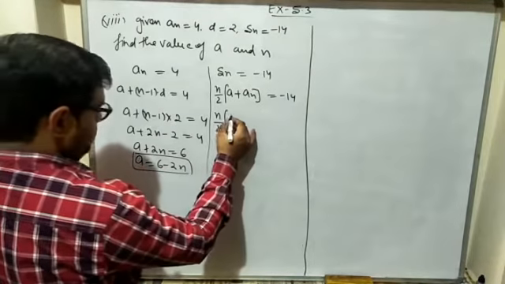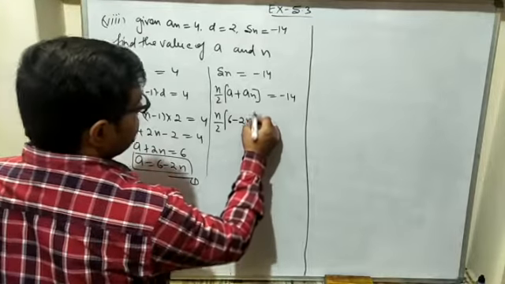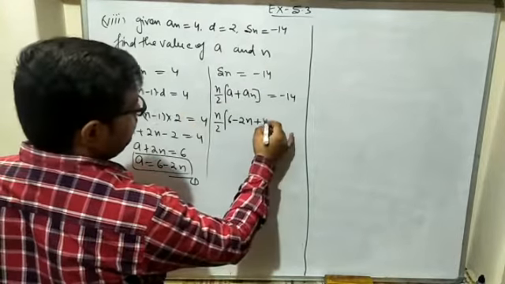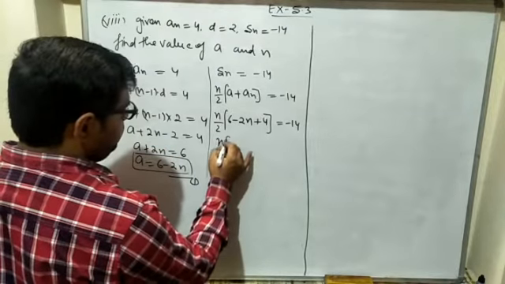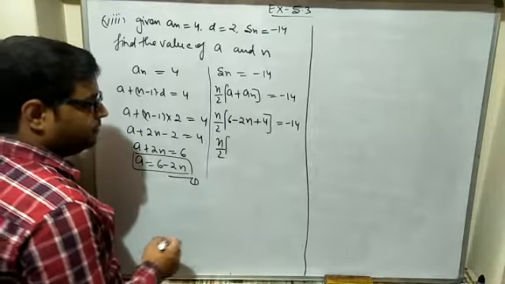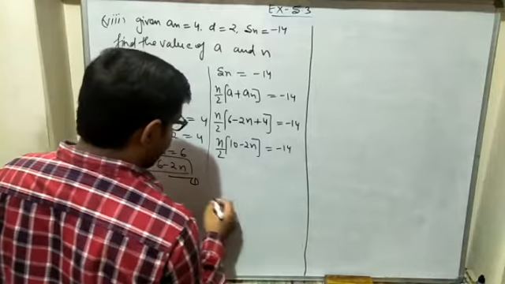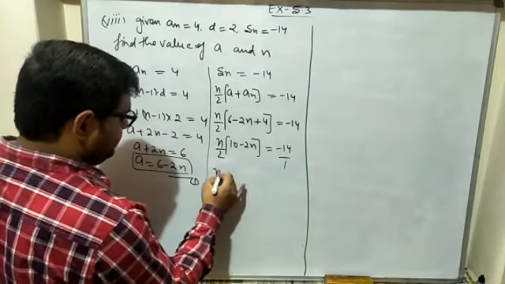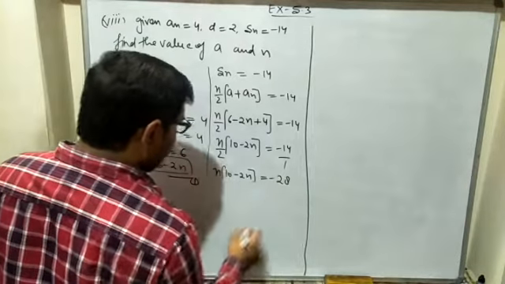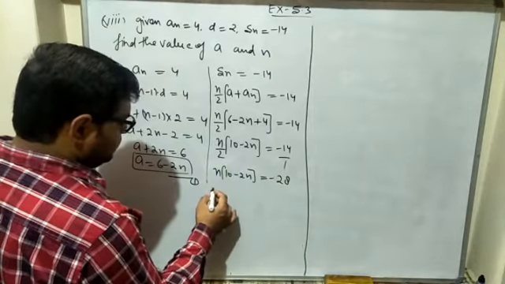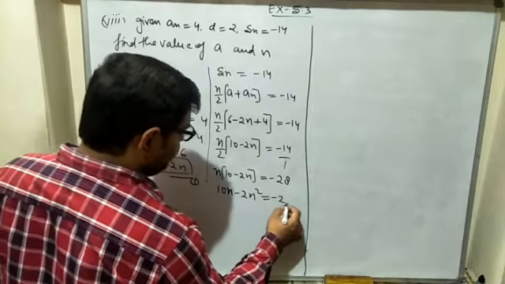In place of a we can put 6 - 2n, that is equation 1, and plus an we have given that is 4, equal to -14. Okay, further n/2 it will be 6 and 4, 10 - 2n bracket close equal to -14. Cross multiplication, so it will be n(10 - 2n) bracket close equal to -28. Multiply by n, so this will be 10n - 2n square equal to -28.